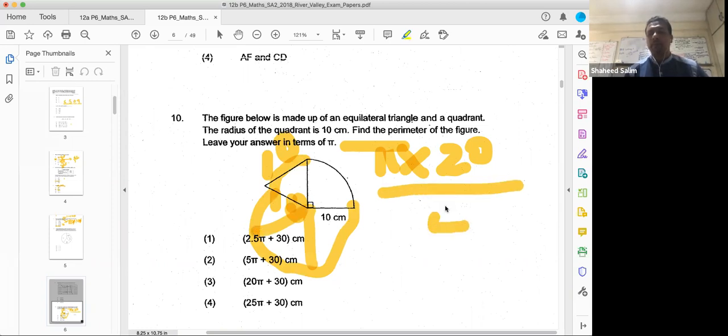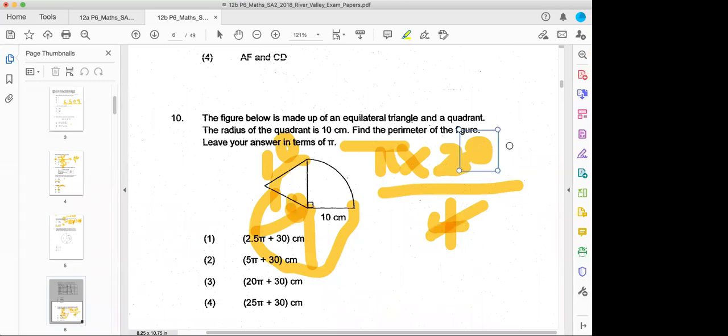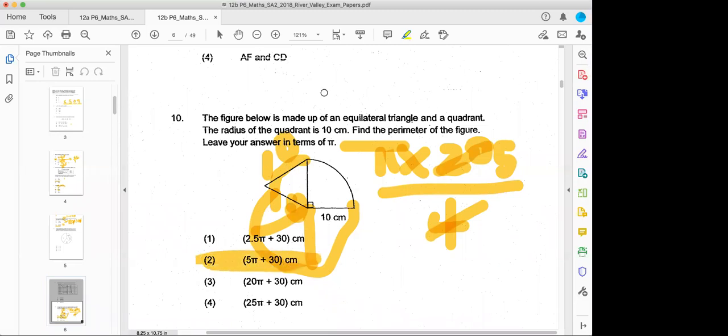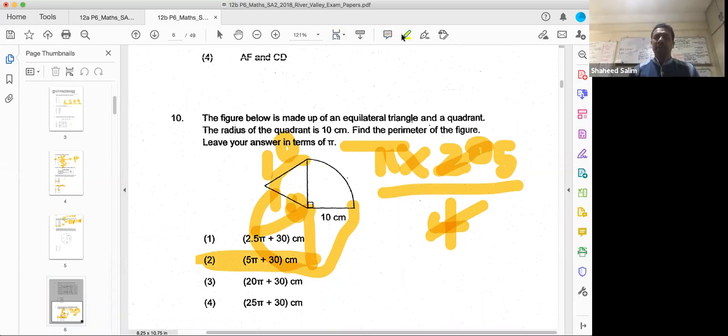Okay, 20 divided by 4, you get 5. So this is actually 5 pi, from here to here. 5 pi plus 10 plus 10 plus 10. Answer is 5 pi plus 30. You get it? Easy, right, this one?